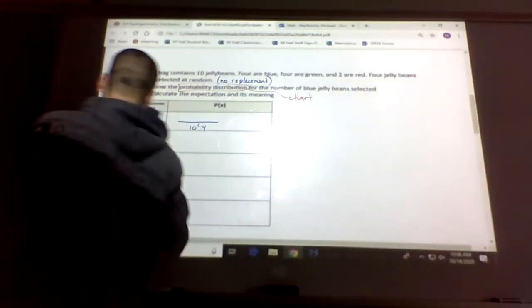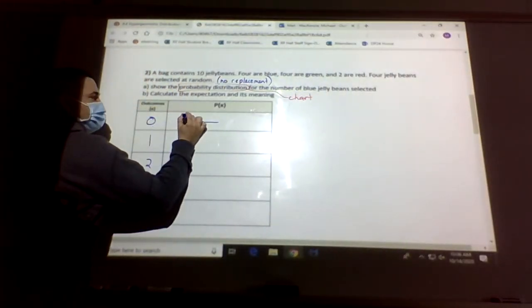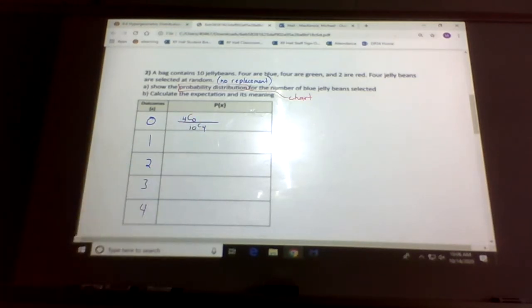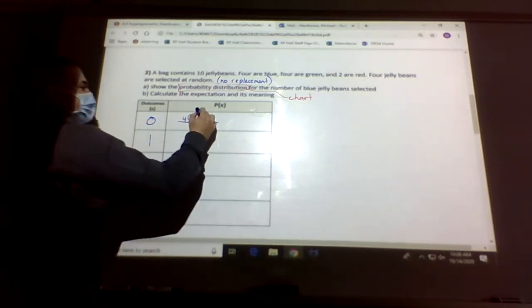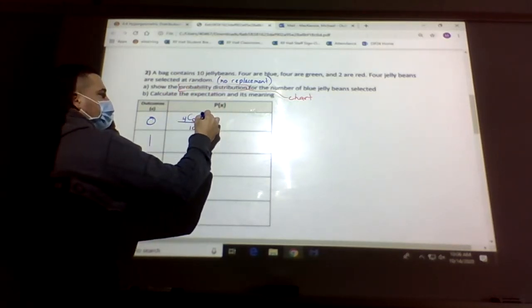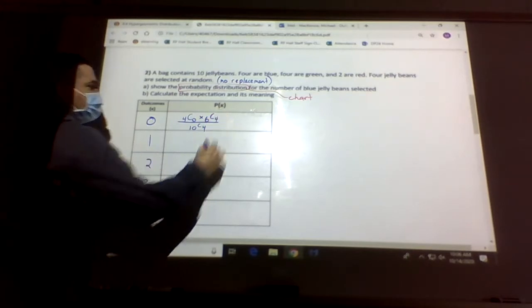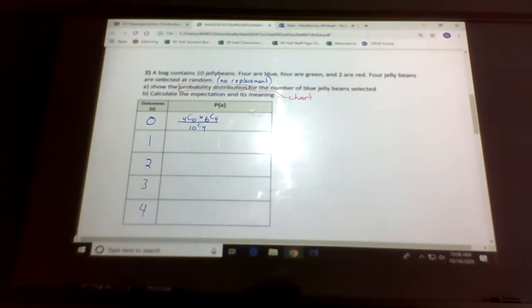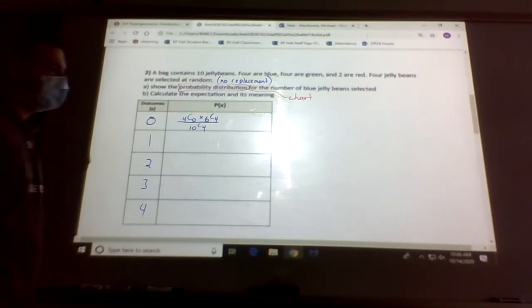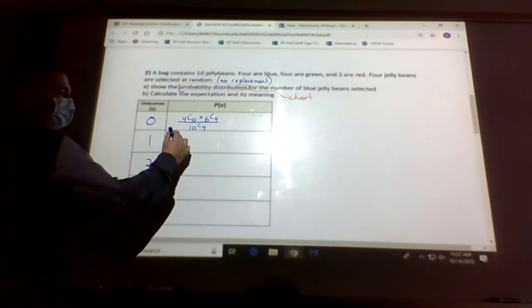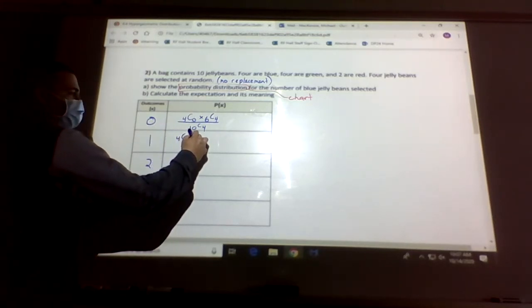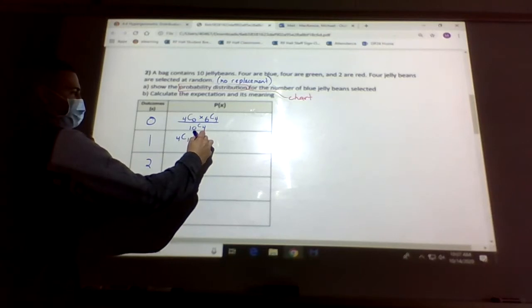So if it's choosing 0, there's 4 blues, and we don't want to choose any of them for the first option. That means the 4 jelly beans have to come from the remaining 6. So 6 choose 4. Continue it down, so 4 blues, choose 1. And then from the remaining 6, we only want 3 now.